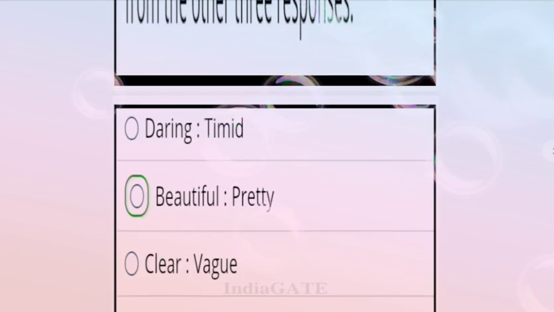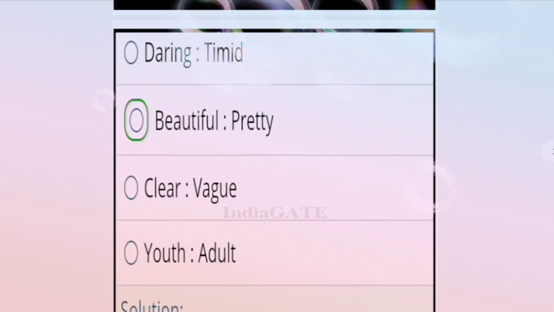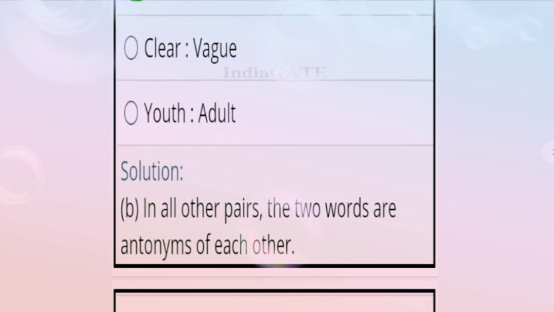Which is different from the 3 responses? Option B is correct, that is beautiful and pretty, because both have the same meaning. Others are antonyms to each other.